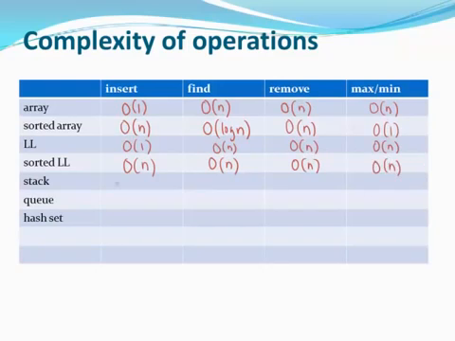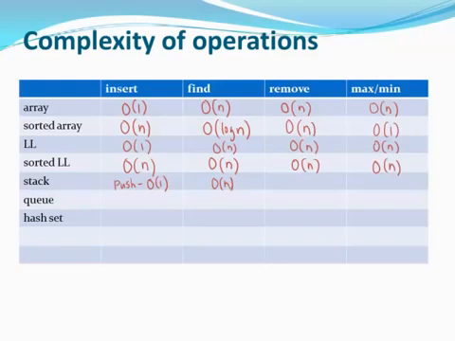Now, when it comes to a stack, what we mean by insert is that we push something into the stack. That is big O of 1. Finding means that if you're looking for any element in the stack, you will have to pop all the elements from the stack and then look for this element.